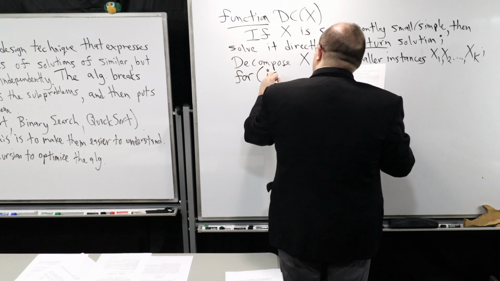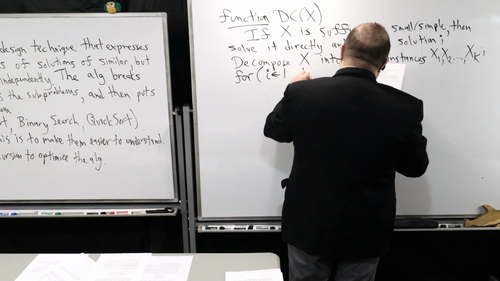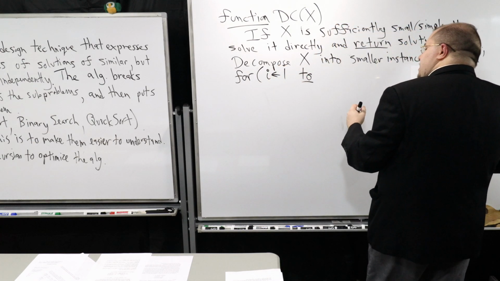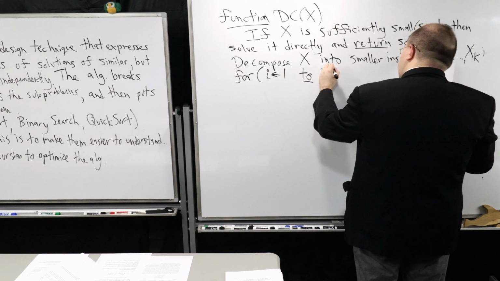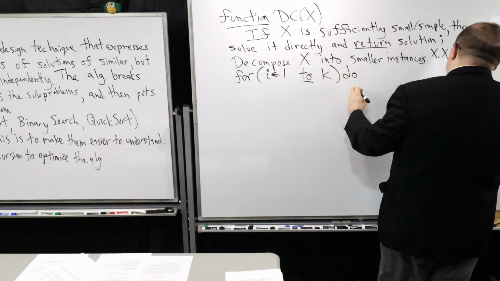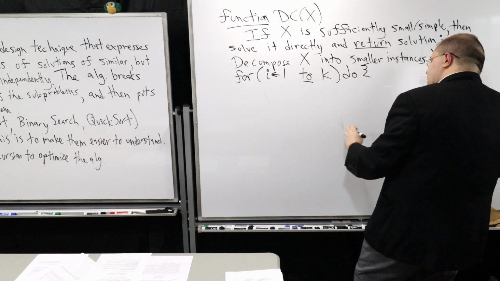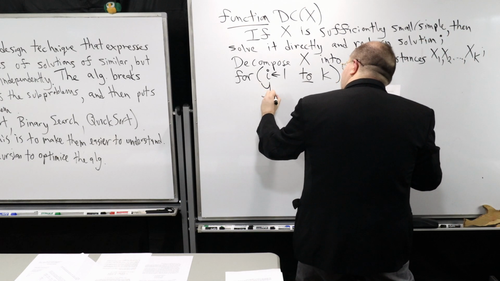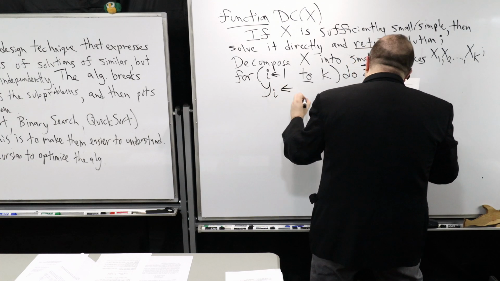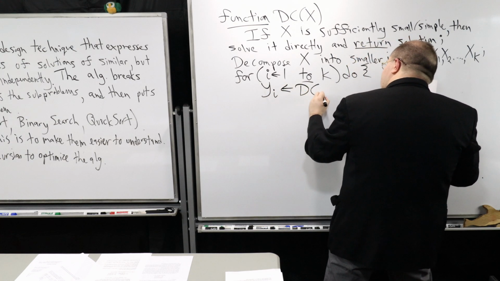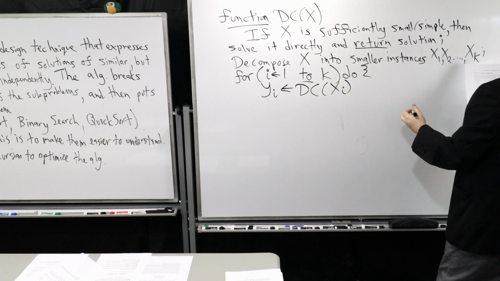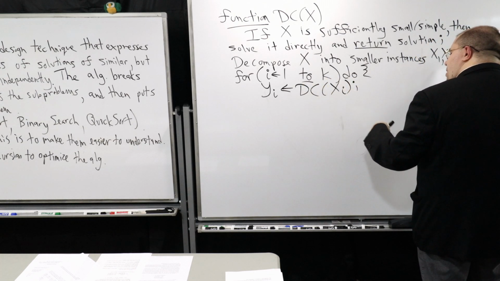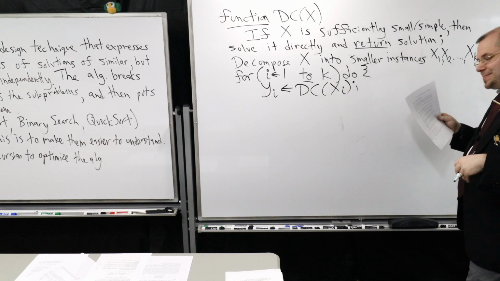But it generally boils down to something like this: for i equals 1 to k, I'm going to take each one of my xi's and apply the divide and conquer algorithm to it. I end up with a solution to that subproblem, yi.